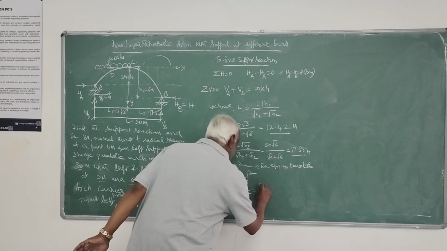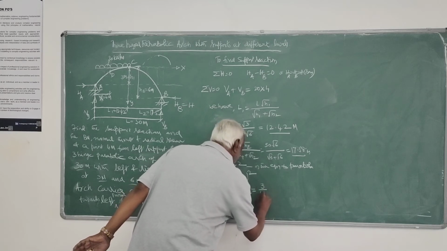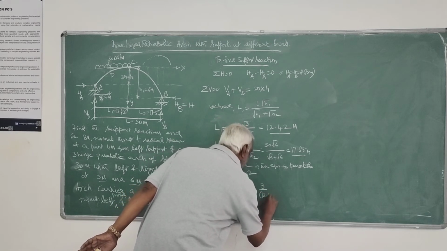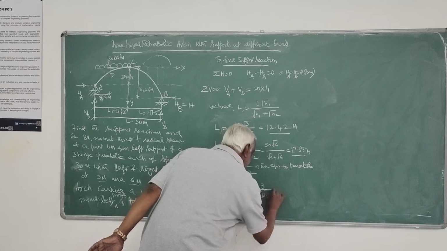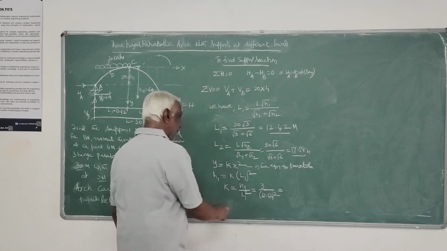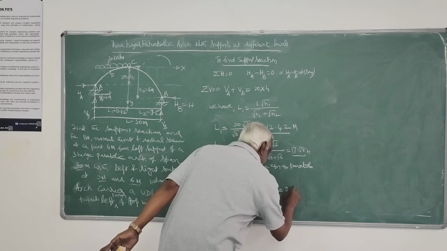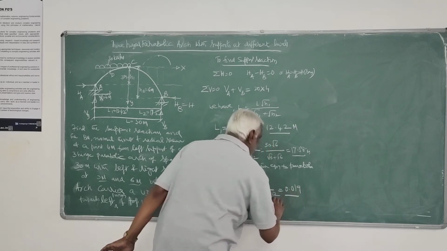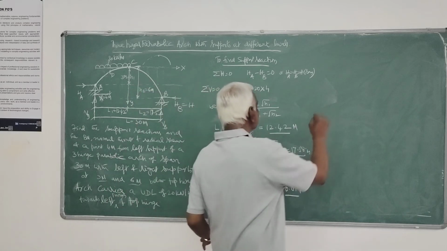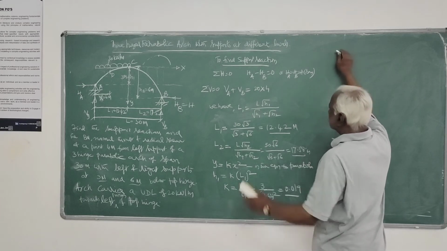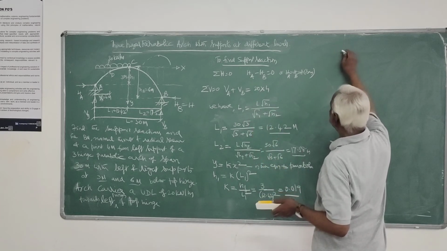This h1 is nothing but 3 divided by 12.42 square. This you can simplify. You will get k1 as 0.019. That you can keep. So next, we can find out VA plus VB.